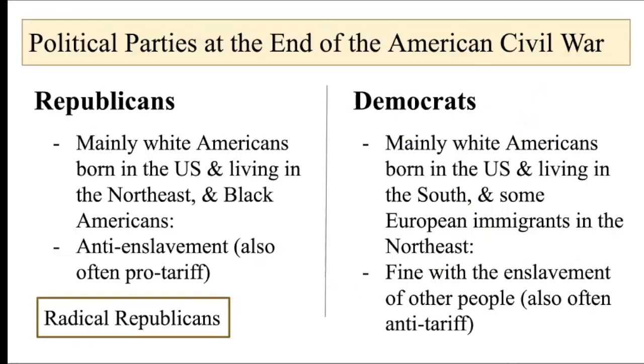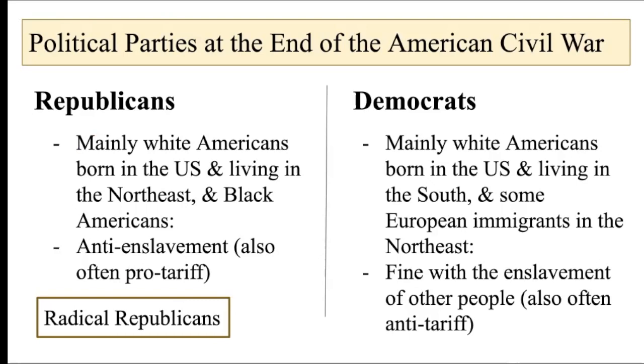The political parties at the end of the American Civil War looked very different. Republicans were mainly white Americans born in the U.S. and living in the Northeast, and Black Americans. These people were anti-enslavement and also often pro-tariff. For radical Republicans, just note the term here, and we will return to it in a moment.